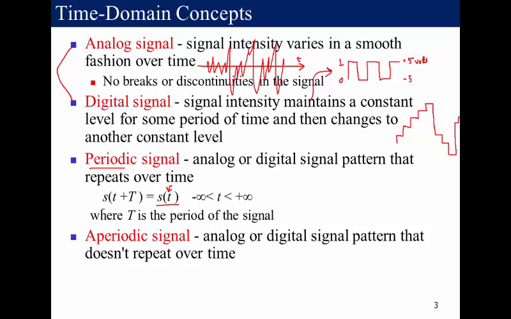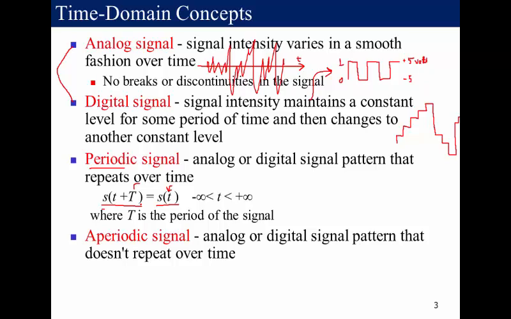So time elapsed a little further, capital T. So now time is t plus capital T. The characteristics of this function, s of t plus capital T, is the same as s of small t, which means the current signal is the same as the signal that we saw before, right?